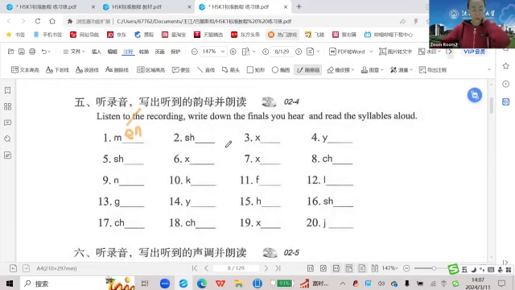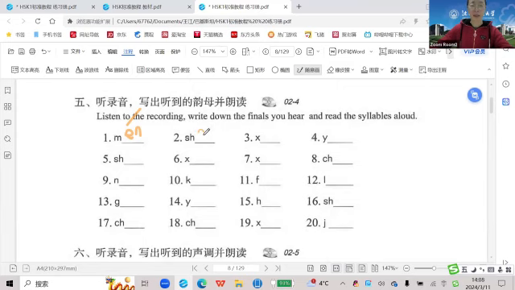Okay, number 2. Shan. I will read it 3 times. The tone was wrong. The tone was not right. Shan, yes, right.